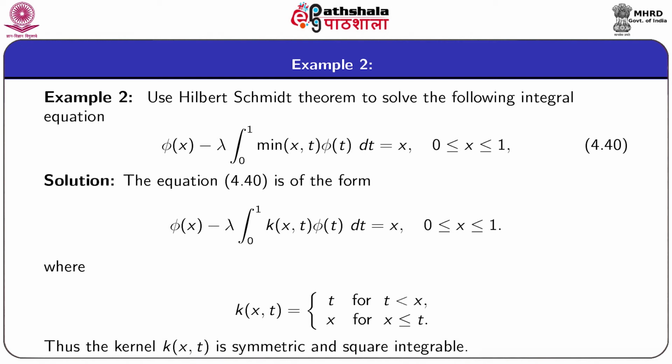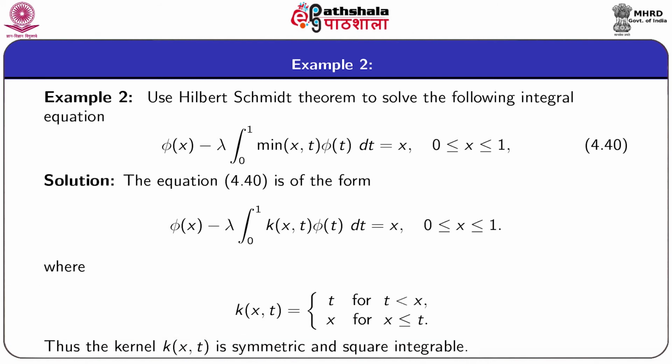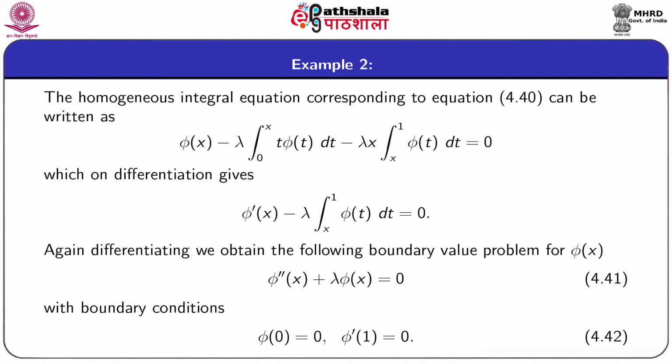If I compare this equation with equation 4.40, then we find that the kernel k(x, t) is equal to t when t is less than x and is equal to x when x is less than or equal to t. We can see here that the kernel is symmetric and square integrable.